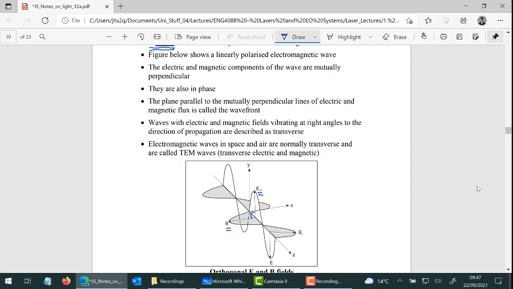The E and the B fields are always perpendicular to each other, and they're always perpendicular to the direction of travel as well. The other thing to notice is that they're in phase, and that remains the case as it travels through space along the z-axis. They always remain in phase.